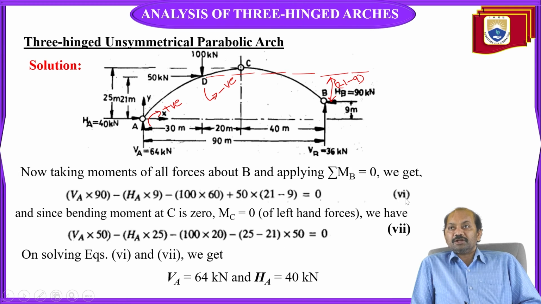That is why it is written 25 minus 21 here. Now on solving equations 6 and 7, we can find out VA as 64 kilonewtons and HA as 40 kilonewtons.